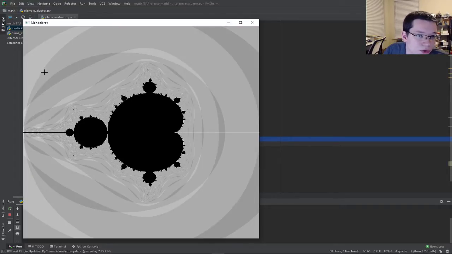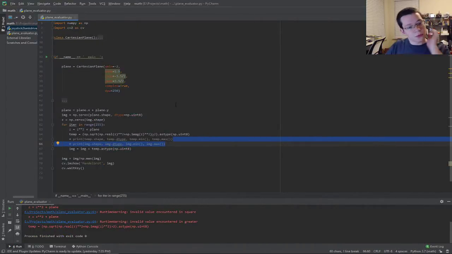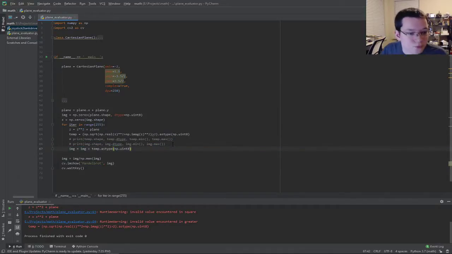So let's attempt to optimize this a little bit, because it still takes a second to run. If we have a number that's bigger than 2, we don't need to do this check anymore. Or we can at least speed it up by not having complex numbers in it.